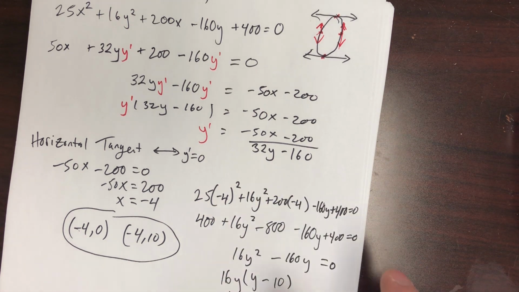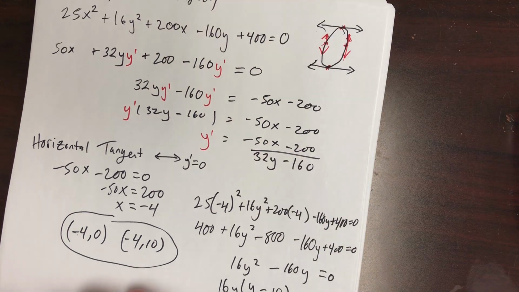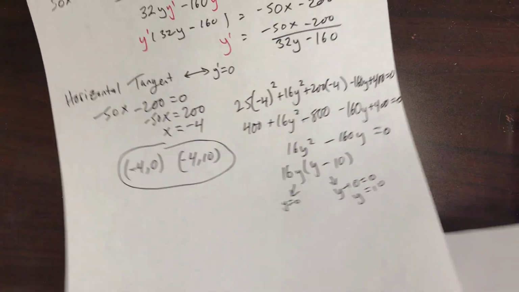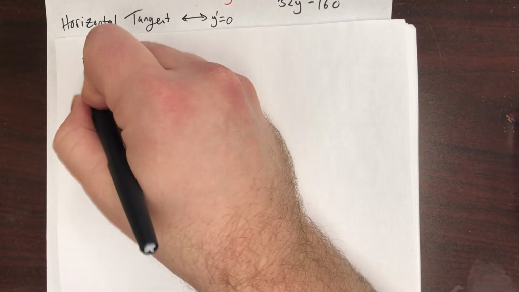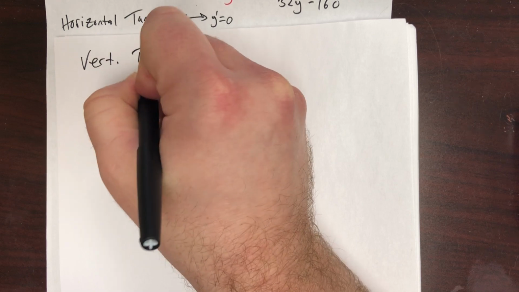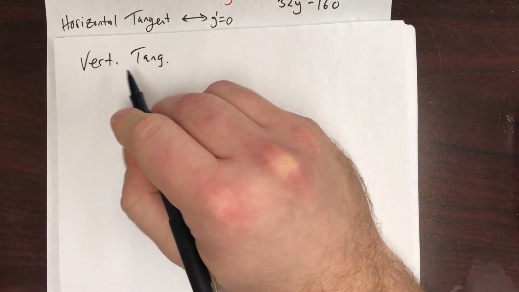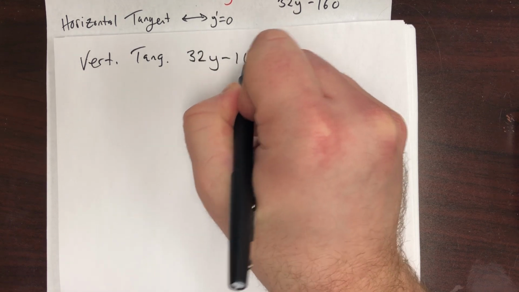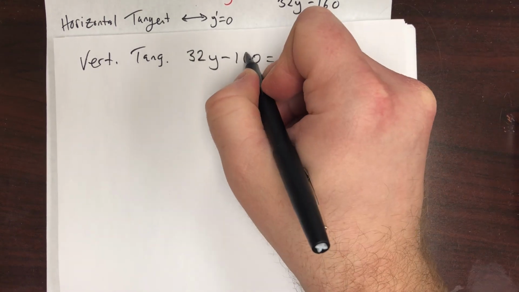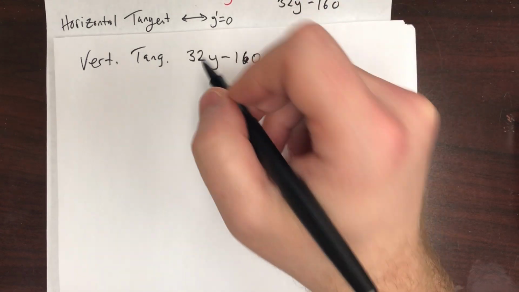32y minus 160. So we'll set that equal to 0. And oh, yep, sure enough. So we'll find a point of vertical tangency. All right, so we'll set 32y minus 160 equal to 0. Again, if you're not sure why I'm doing this, go back a little bit. I talk about fractions.